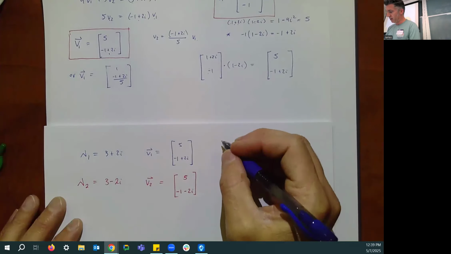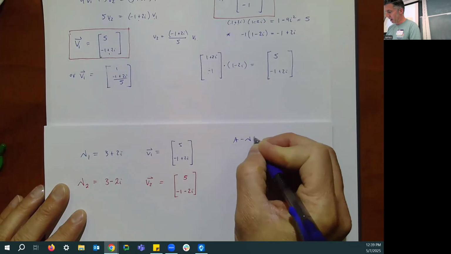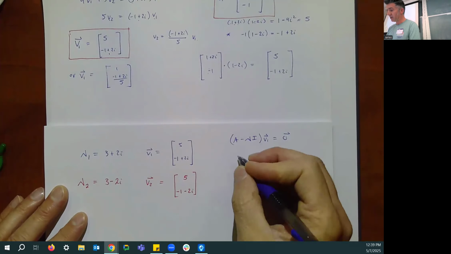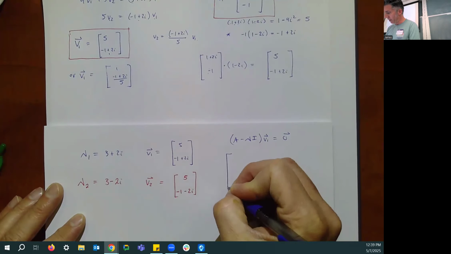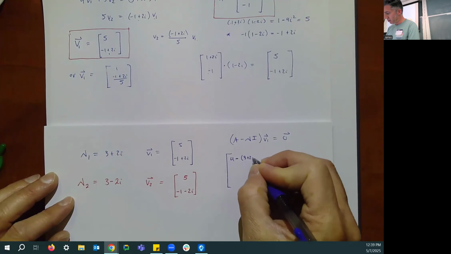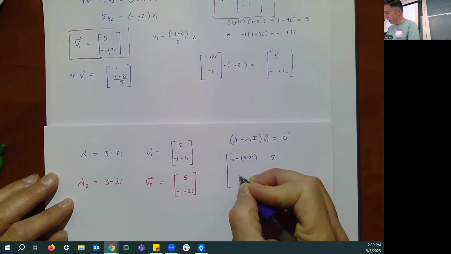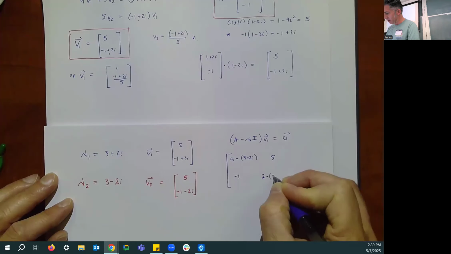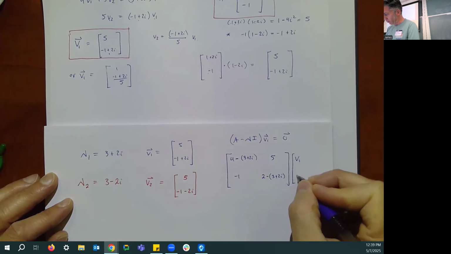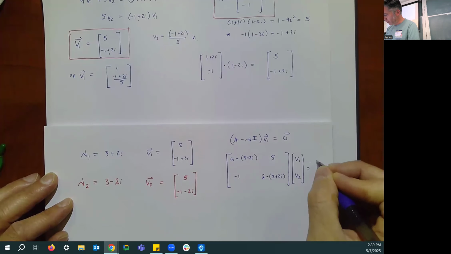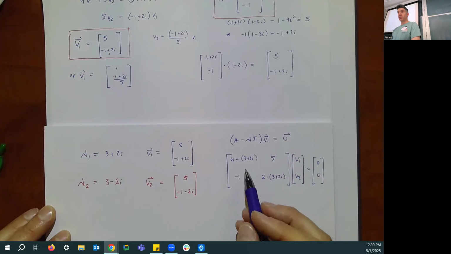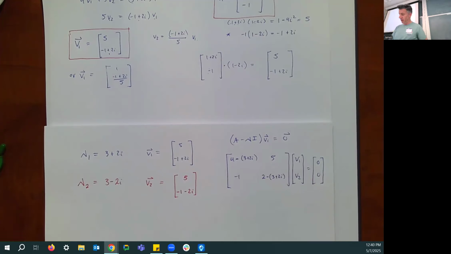So if we instead did A minus lambda I times the eigenvector we're looking for equal to the 0 vector, here's how that math would look. You'd have 4 minus, my eigenvalue is 3 plus 2i, and then we'd have a 5, and then a negative 1, and then a 2 minus 3 plus 2i, times the eigenvector I'm looking for equal to the 0 vector. Now, if I still use the first equation, I might even simplify this.